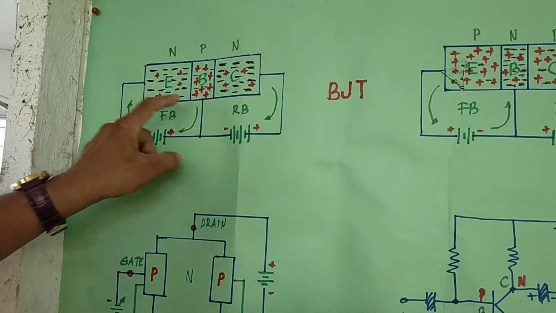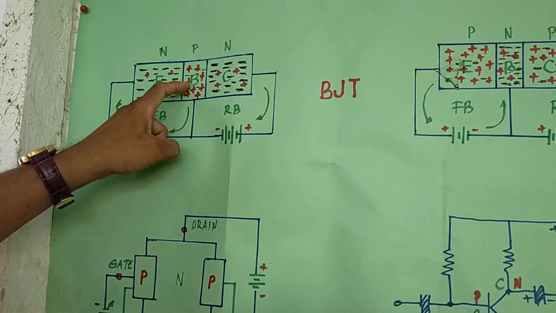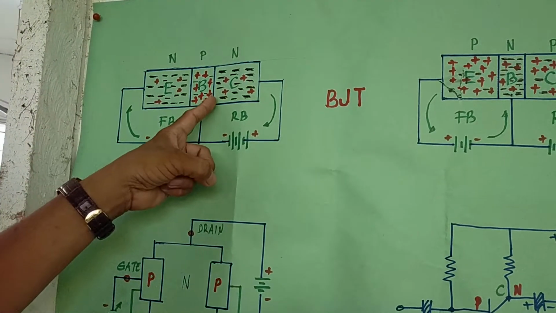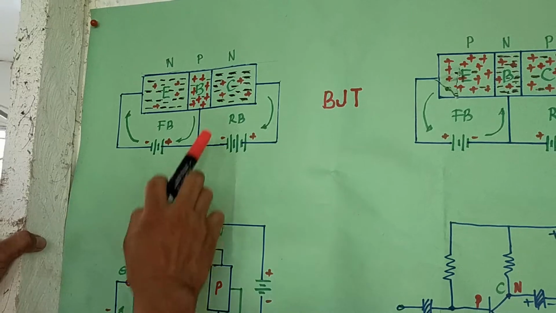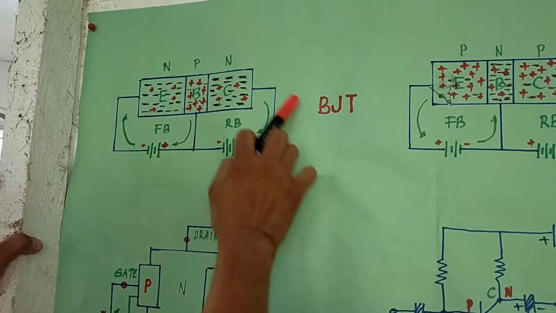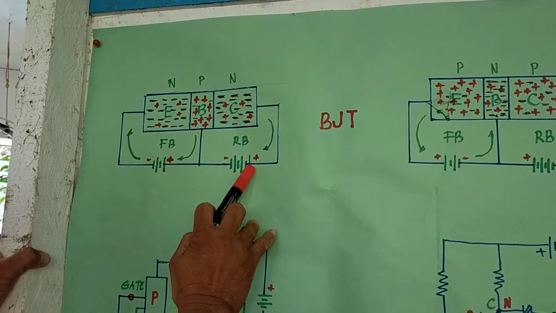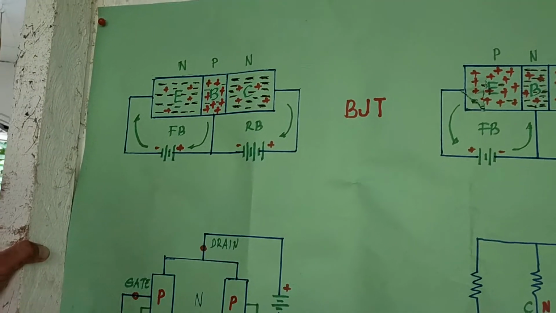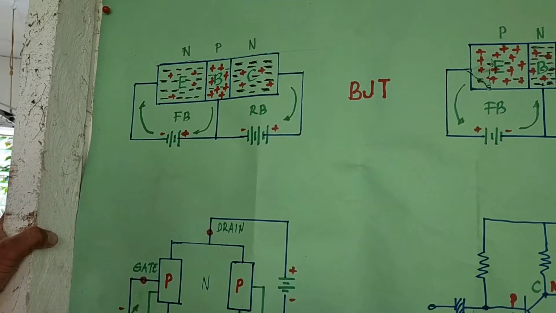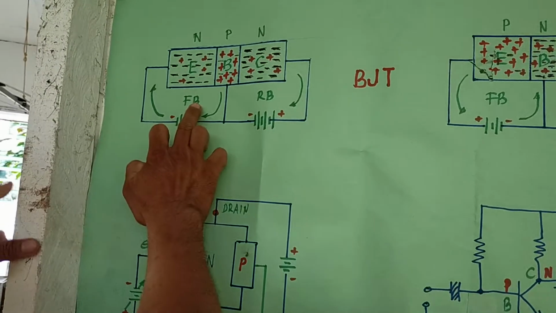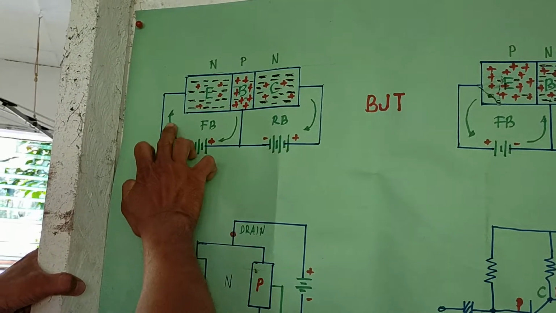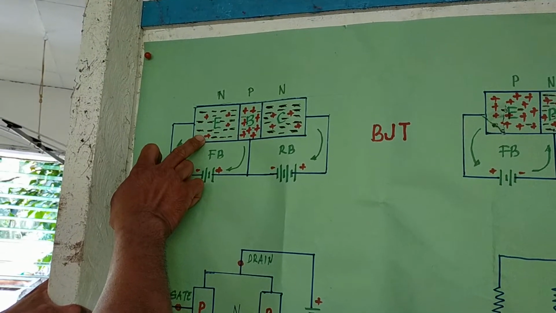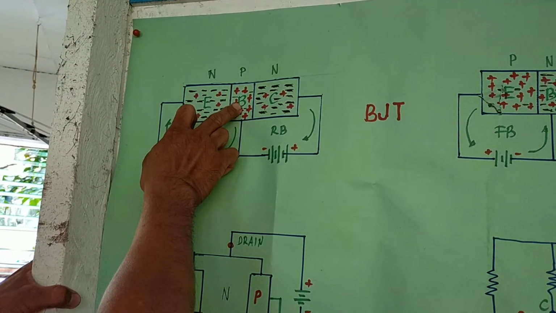Whereas the collector-base junction is a reverse bias junction here, because the collector is connected to the positive side and the negative of the battery is connected to the base, which is positive. So, reverse bias. The majority carriers flowing here are electrons going toward the holes.